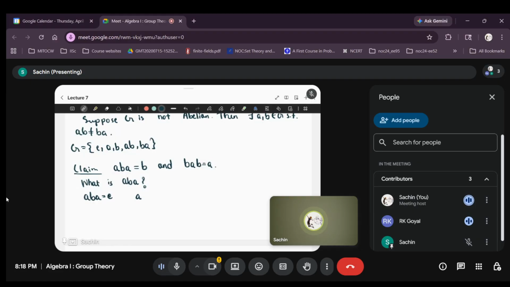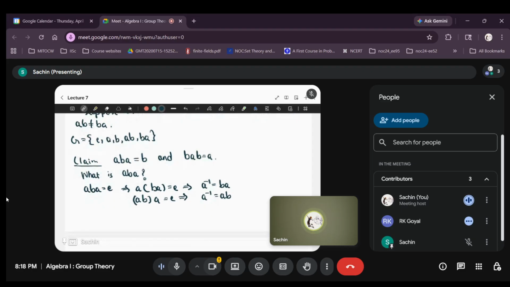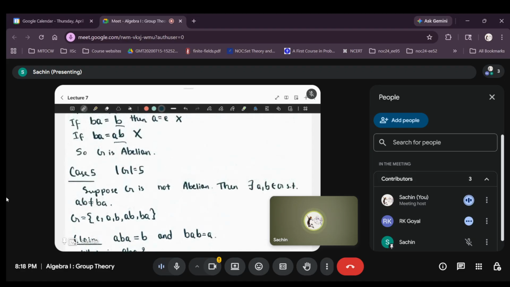We'll have A inverse is BA because A times BA is equal to E. So BA and A are inverses of each other, but also ABA can be written in the form AB times A. That would mean that A inverse is equal to AB. But there is only one unique inverse.